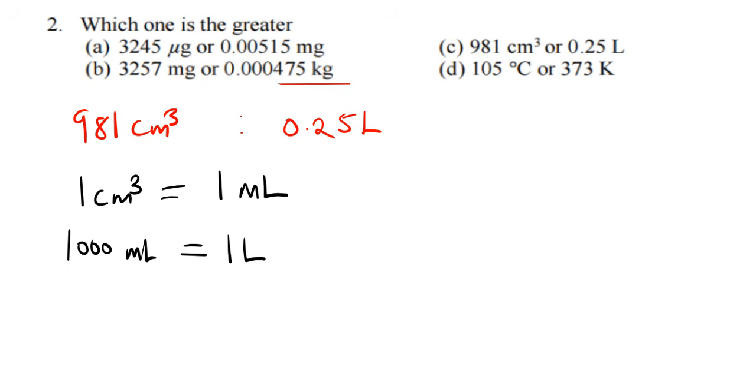So we are given 981. What are we going to do? Since we're converting between centimeters and liters, what is going to be our conversion unit? Let me just pick one of the different colors. So here I'm going to have 981 centimeter cubed will be equivalent to how many mils.